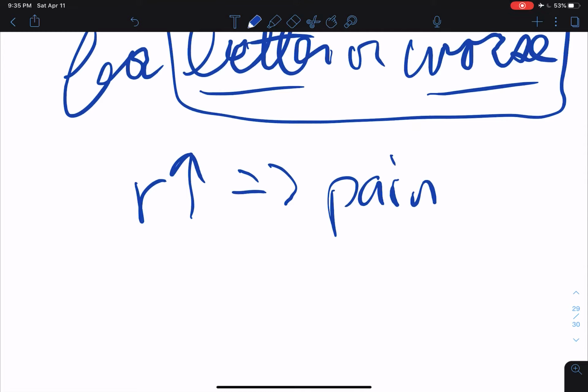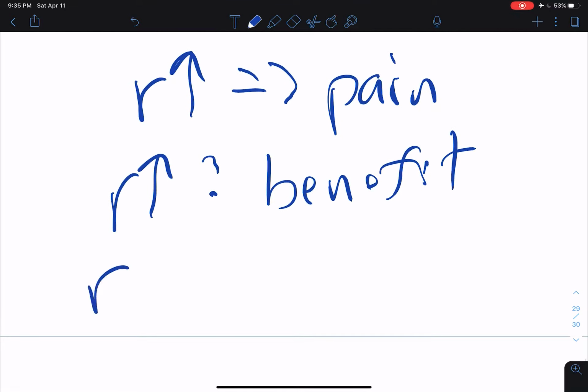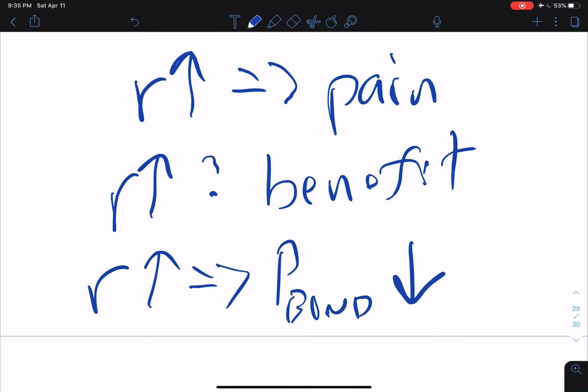So, interest rates rise, question mark, how could you benefit from that? Well, let me see. When interest rates rise, the implication is the price of bonds fall. Okay.